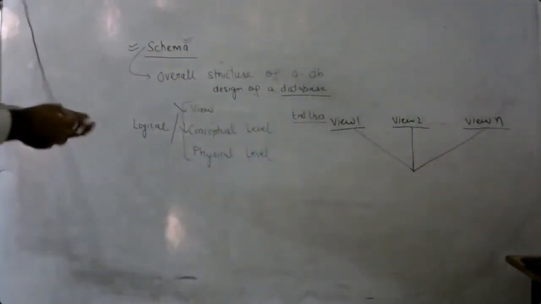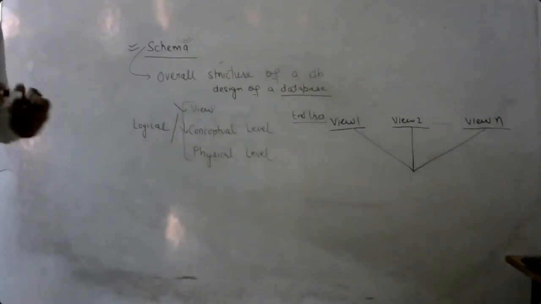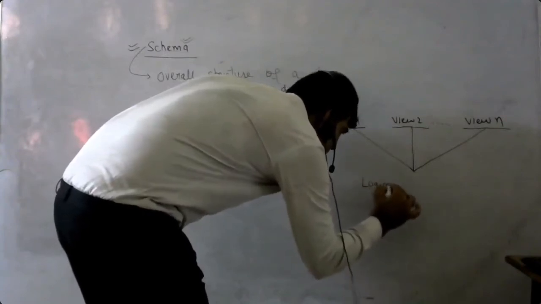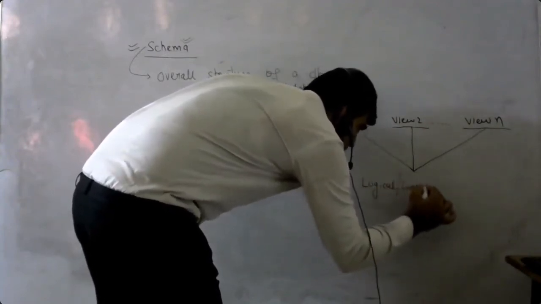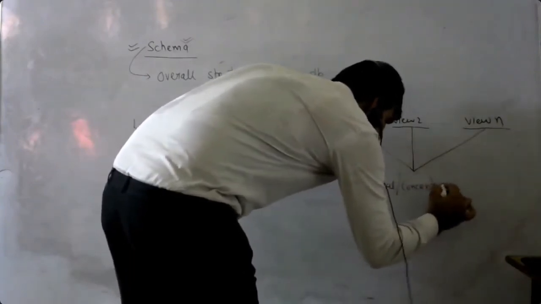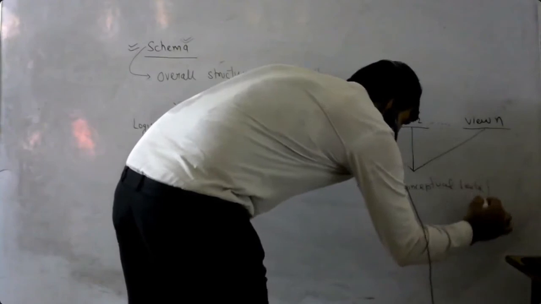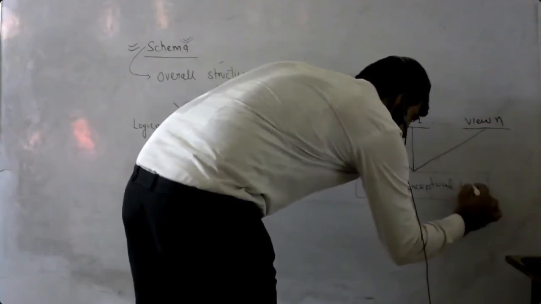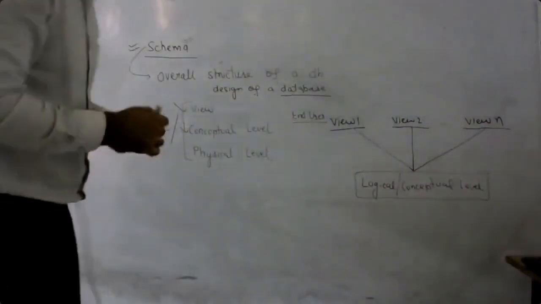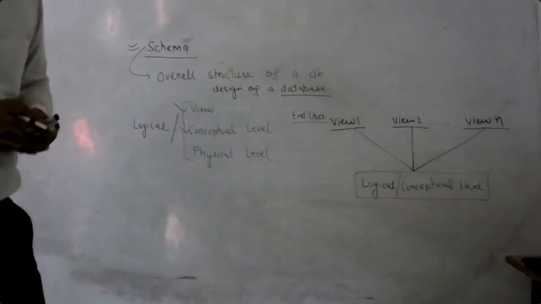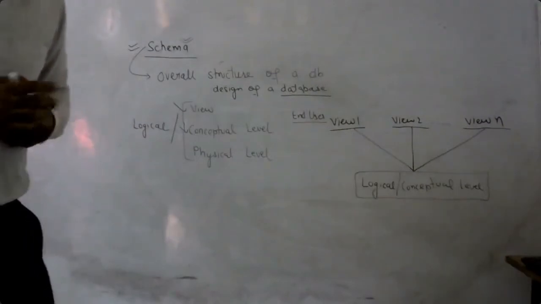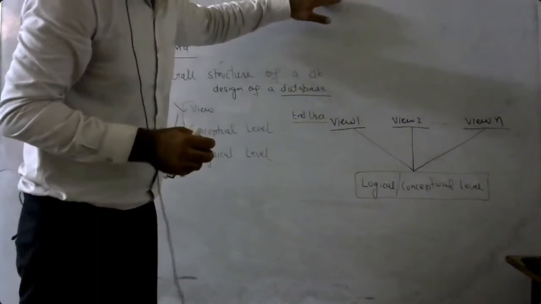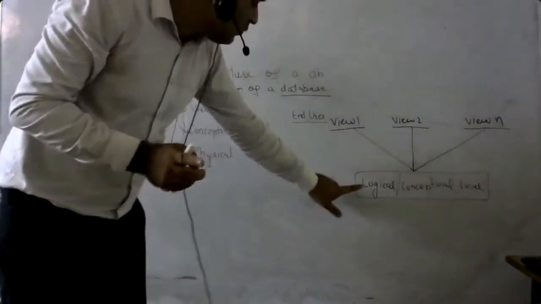Now, there is a level that is the logical level or conceptual level. When we talk about this level, that means the database administrator's view or the developer's view regarding the database, meaning the tables like student ID, student name, there will be columns like this.